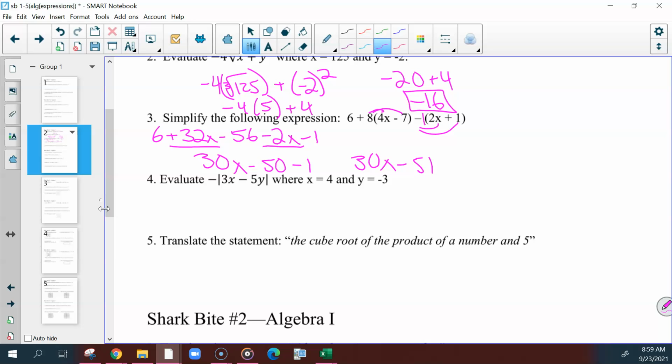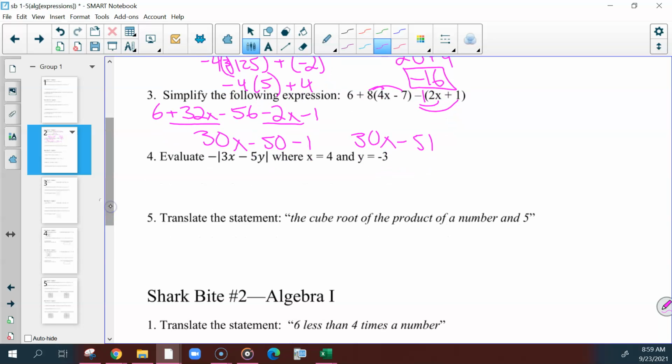I saw some different answers for number 4, so let's go through that. Here we had 2 values, so we're multiplying 3 and 4, and then 5, -5, and -3. When we multiply those together, we have a negative outside the absolute value signs. 3 times 4 gives us positive 12. -5 times -3 gives us a positive 15.